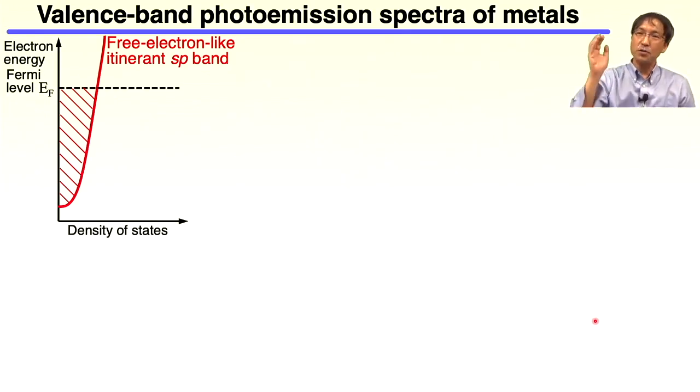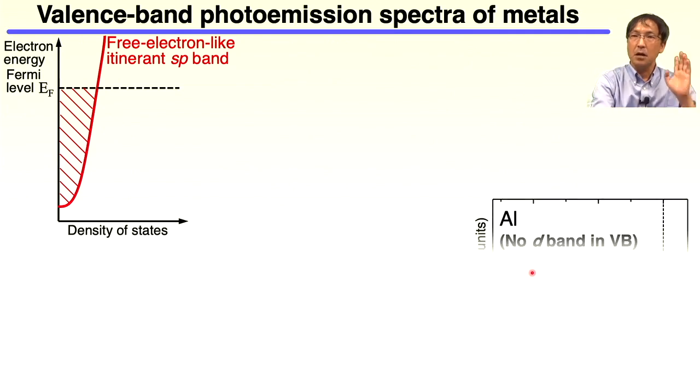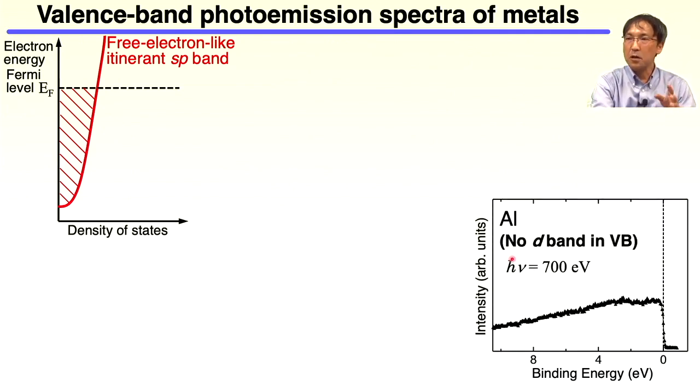Here I show a real example of experimental valence-band photoemission spectra of simple metals. At first, the valence-band photoemission spectra of aluminum, in which there is no d band in the valence band.